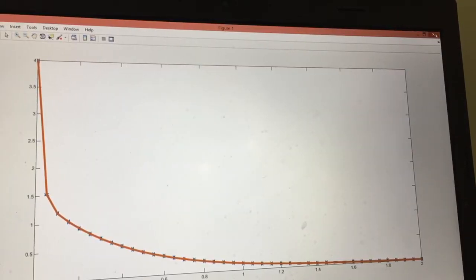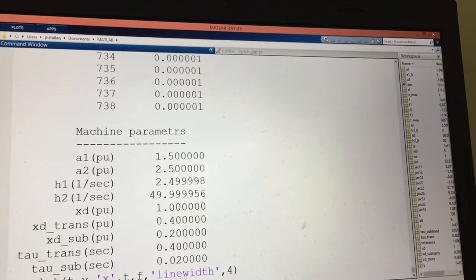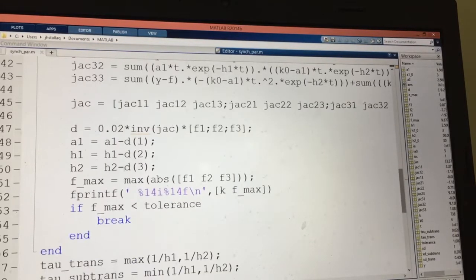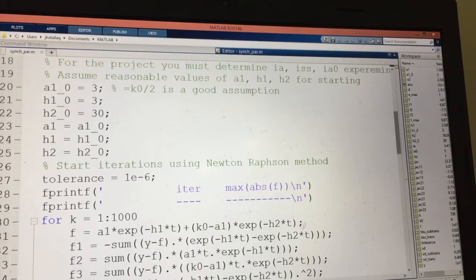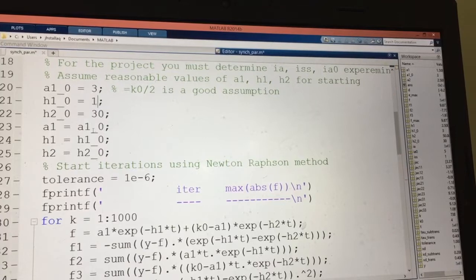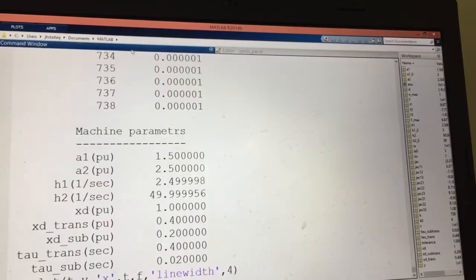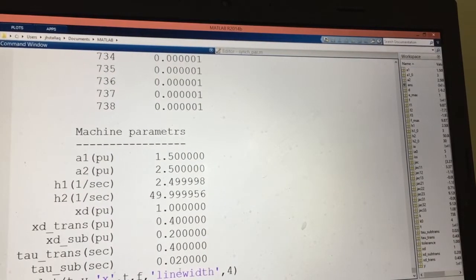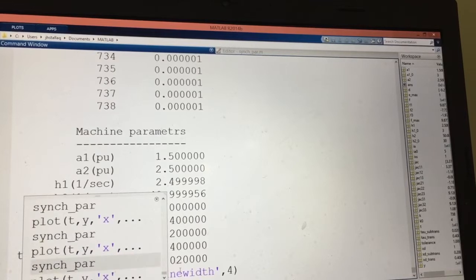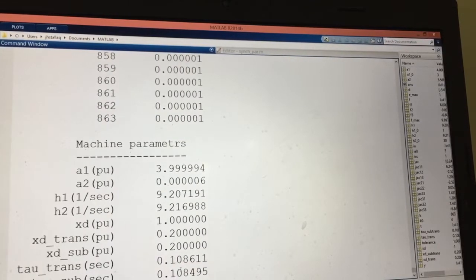Now you learn that in Newton-Raphson, sometimes you need to slow the divergence a little bit by controlling this. Okay, and this one depends on the starting values here. If we start at, say, 1.0, for example, and see what happens. Okay, let's run this. Again, it is not successful, as I see from here.